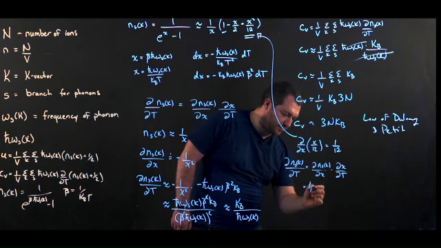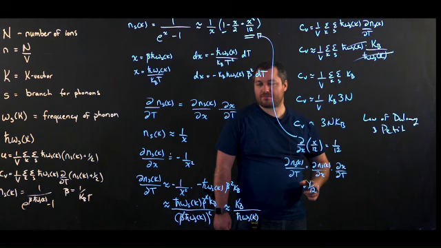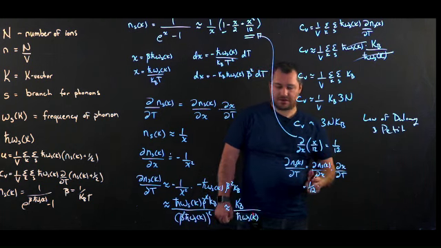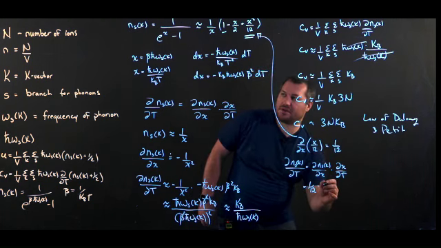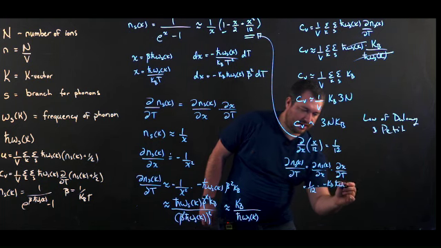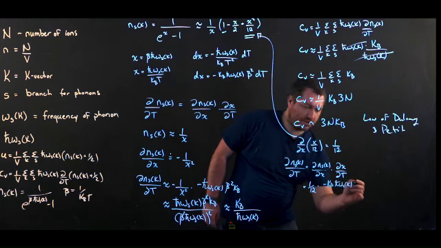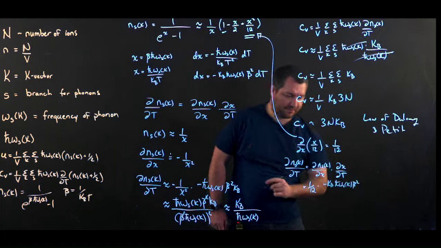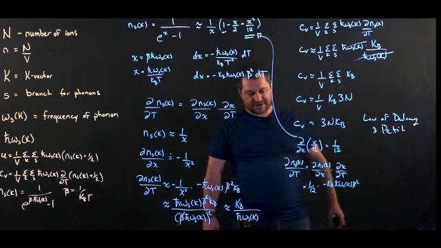So I've got 1 over 12 times my other term I found already, which is negative k_B h bar omega_s of k beta squared right here. So this term times that is my correction term.